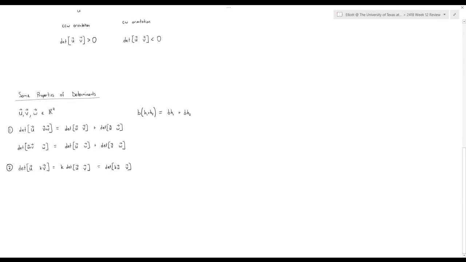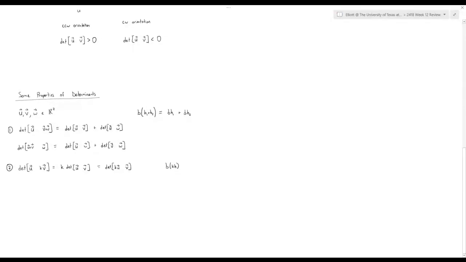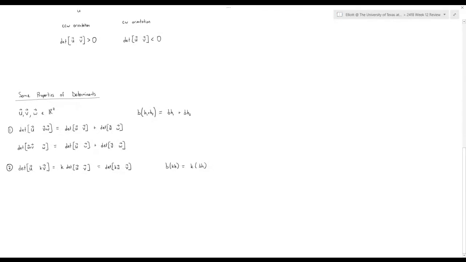So again, thinking in terms of area as base times height, here you scale the height by a factor of k, so that scales the entire area by k as well. Likewise, if you scale the base by a factor of k, that also scales the area by k. That's the idea of the second property. Okay.